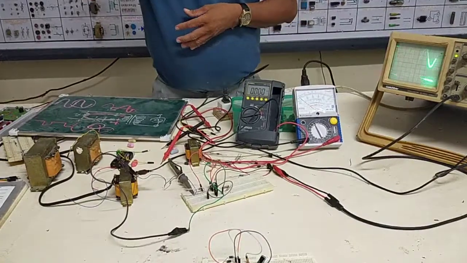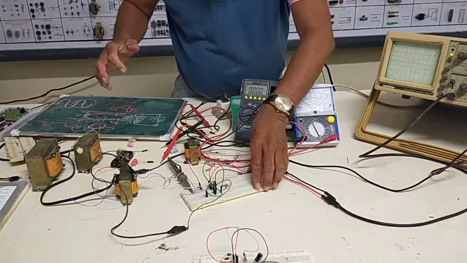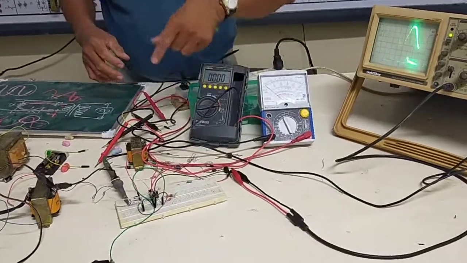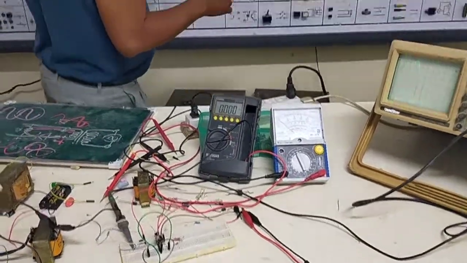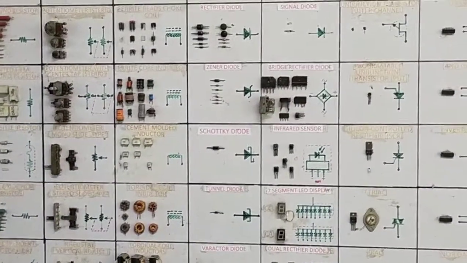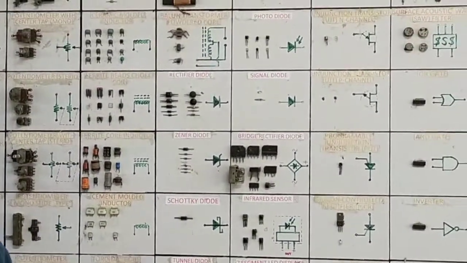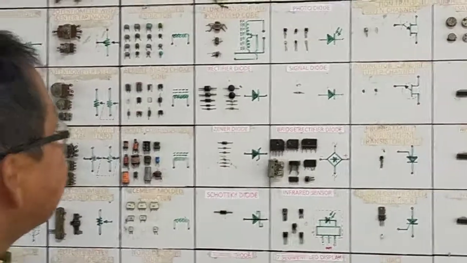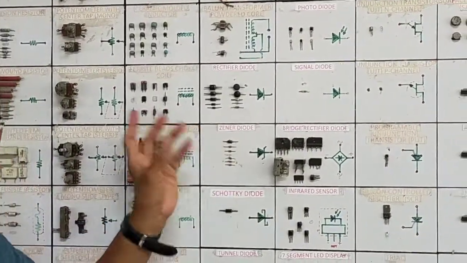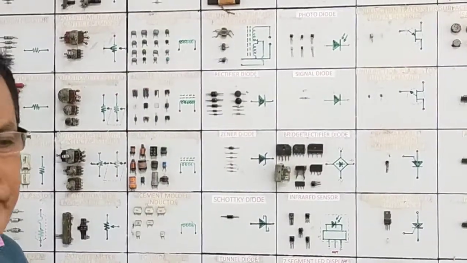How about if you are using a Zener diode? A rectifier diode is used to convert AC to DC. It is designed to convert AC to DC. But we have here a Zener diode. What is really the operation or the function of the Zener diode?